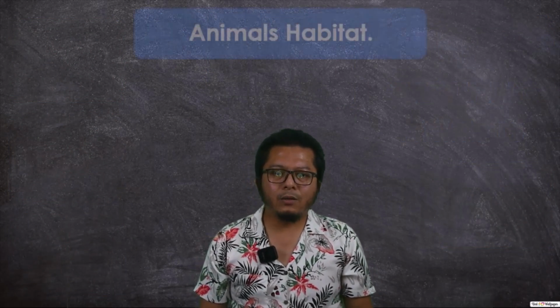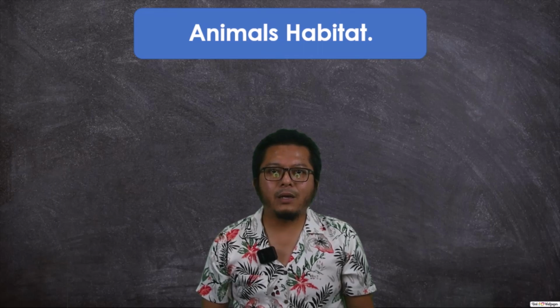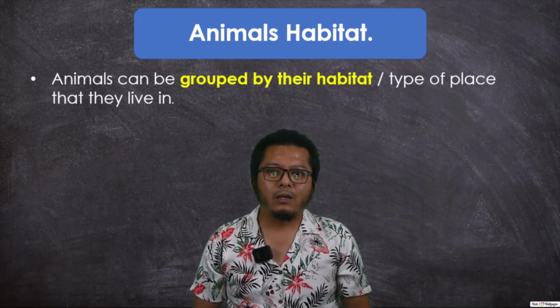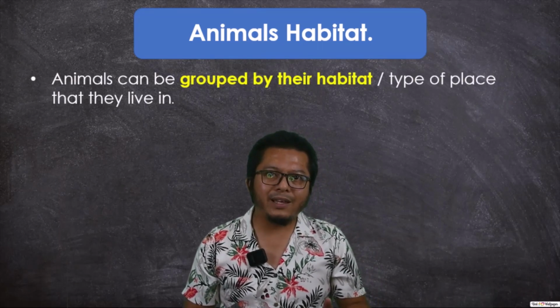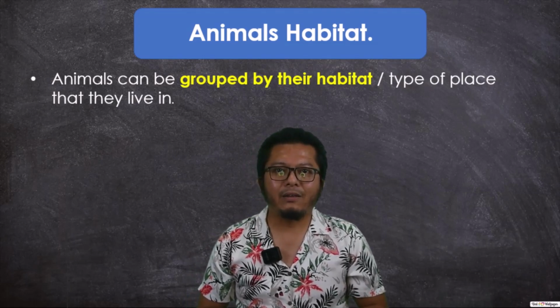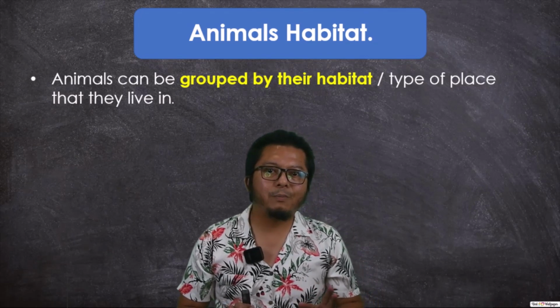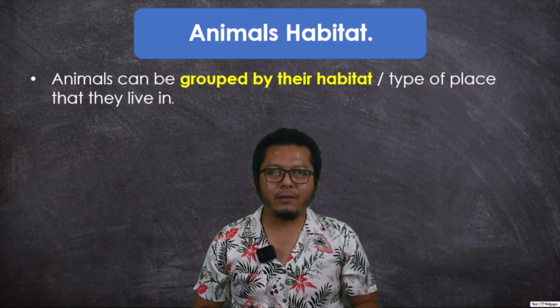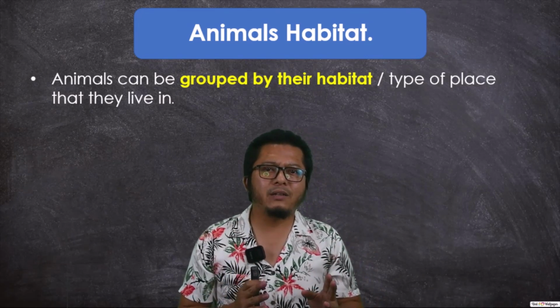So let's take a look at what it means by animals' habitat. Animals can be grouped by their habitat, that is the type of place that they live in. There are different types of places that animals live in, with different climates and different weather.